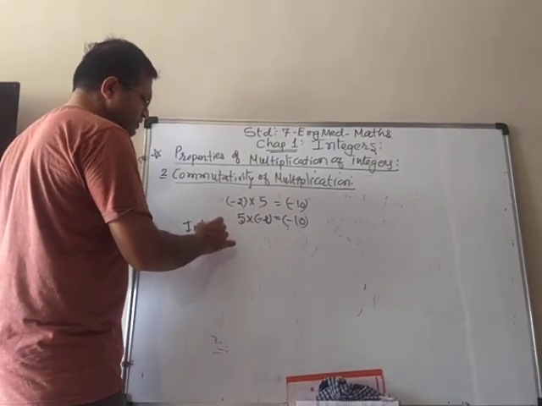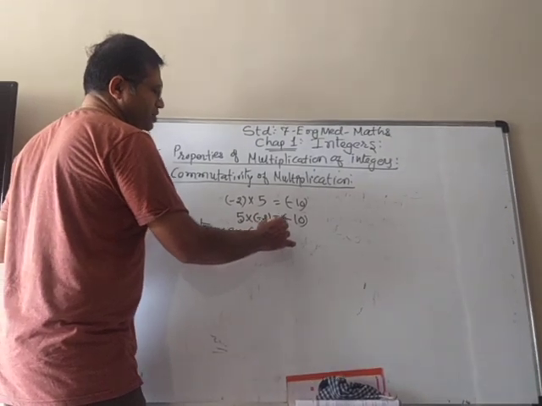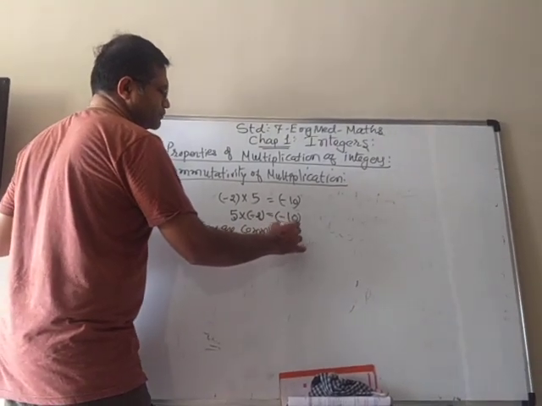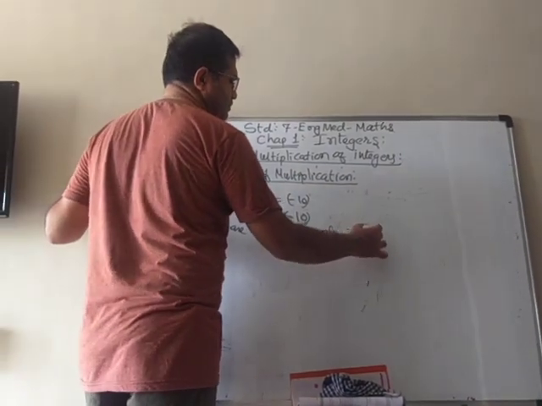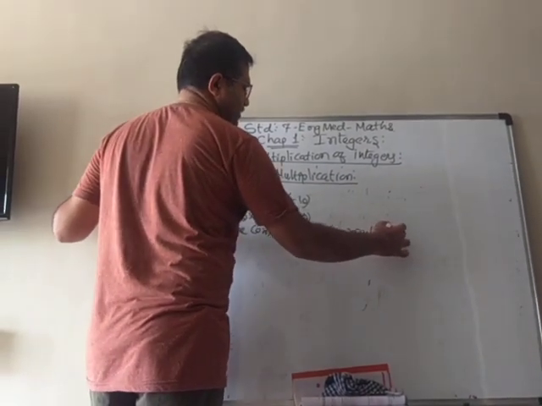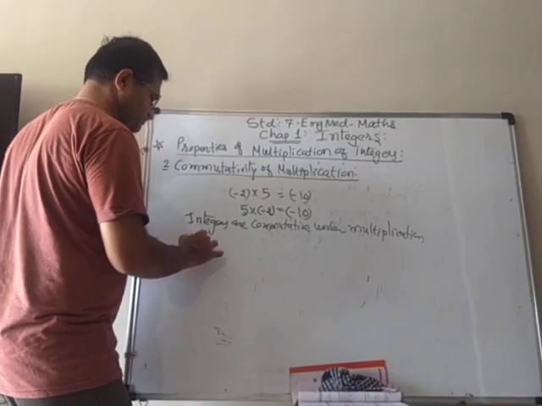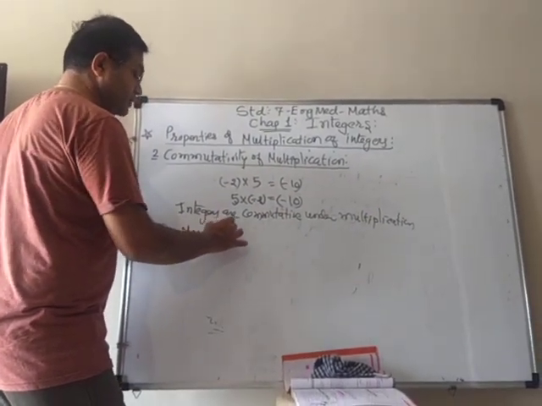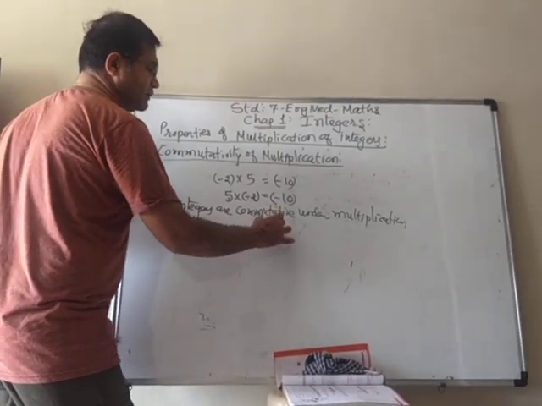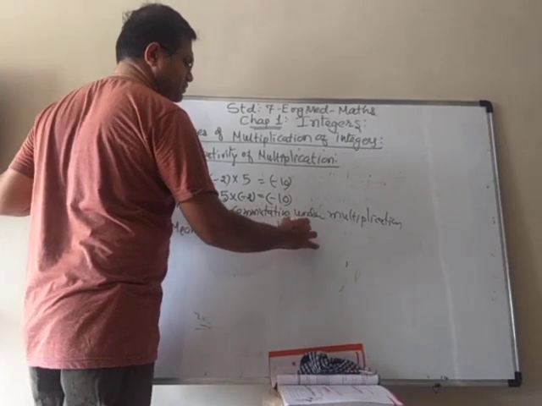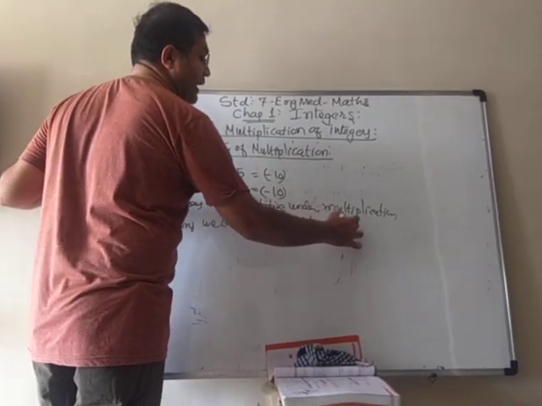You can write down: integers are commutative under multiplication. Means we can multiply two integers in any order.